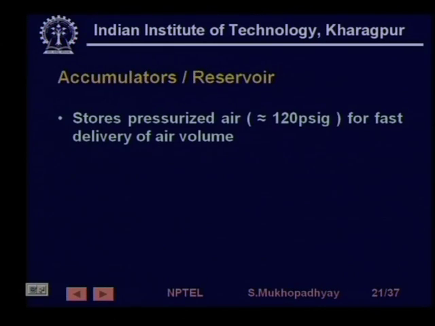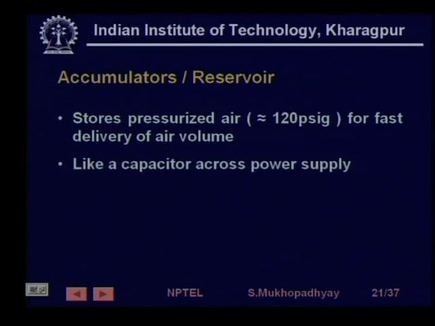As I said, it stores pressurized air for fast delivery of air volume, and it is somewhat like a capacitor. If you appreciate an electric analogy, for suddenly supplying large currents without causing the voltage to drop, we always connect a big capacitor across a power supply, because the capacitor can supply a lot of current instantly, as long as it has the charge to supply the current.